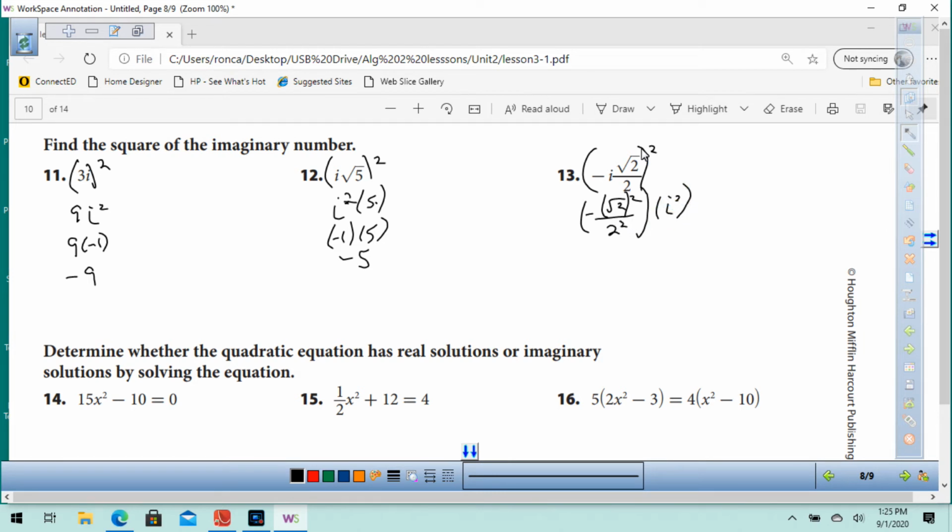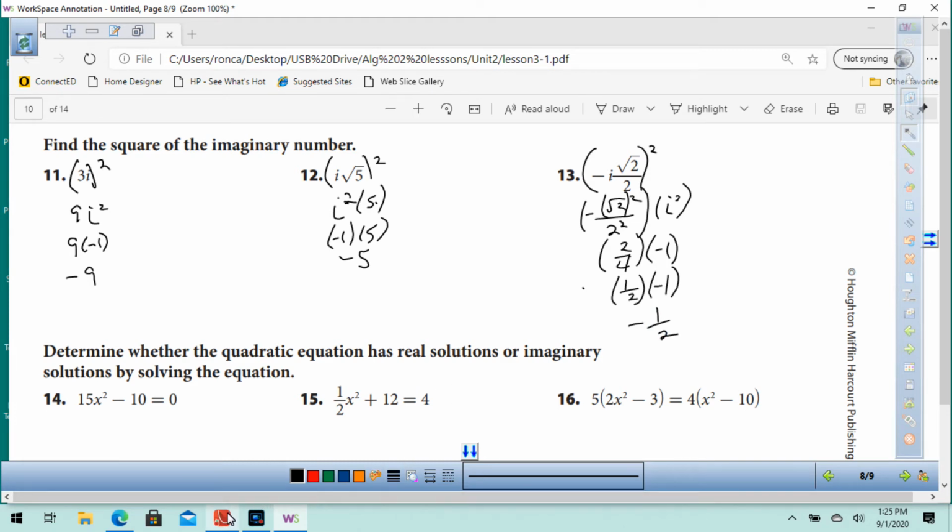Right? Okay. Well, that's going to give us -2 over 4, right? Times, well, -1. Well, that's negative squared, so that's going to become just 2/4, which is 1/2 times -1, which is -1/2.